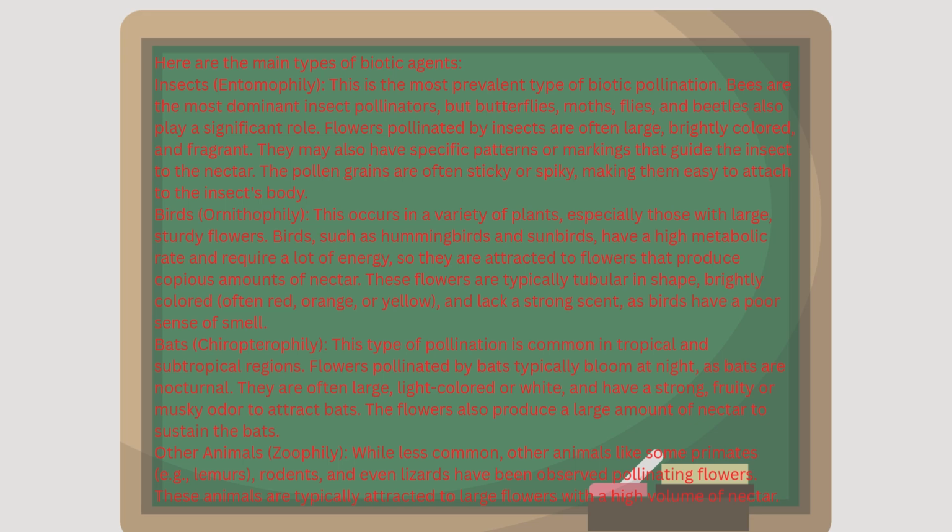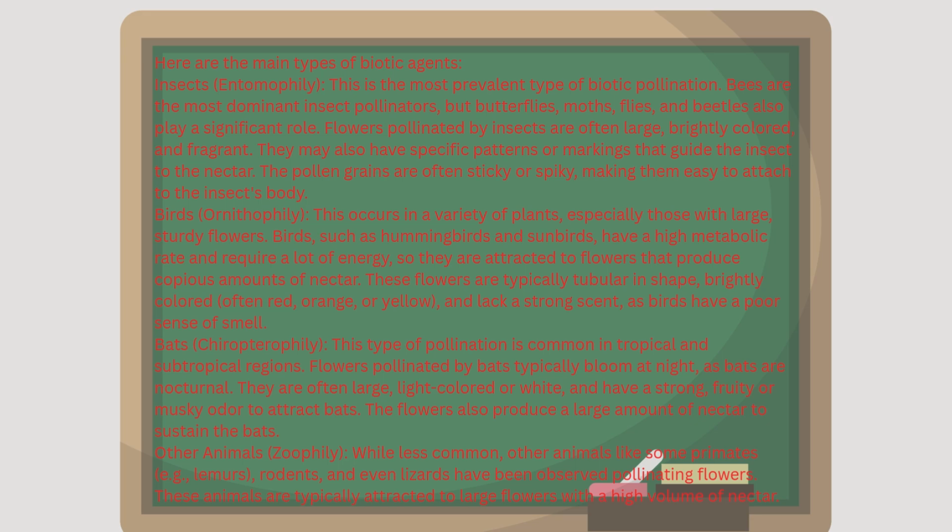They are often large, light colored, or white and have a strong fruity or musky odor to attract bats. The flowers also produce a large amount of nectar to sustain the bats.